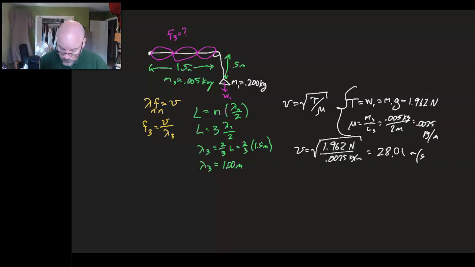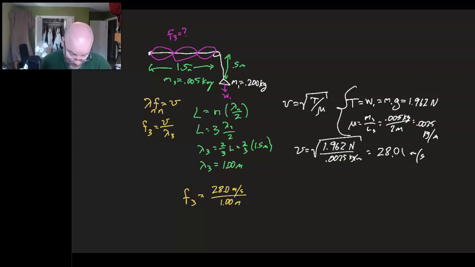Well, let's take those values and plug them back in for F3 because we got everything we need now. Our velocity, 28.01 meters per second. Our wavelength, 1 meter.